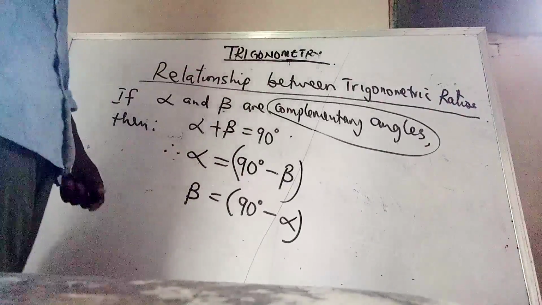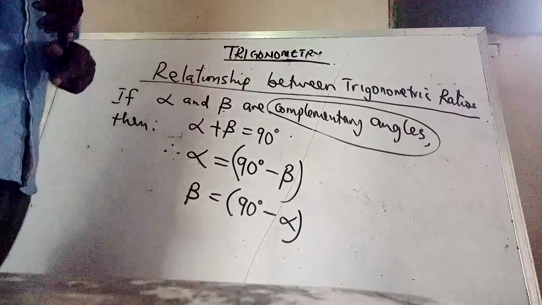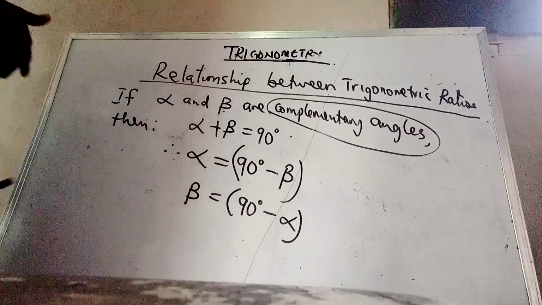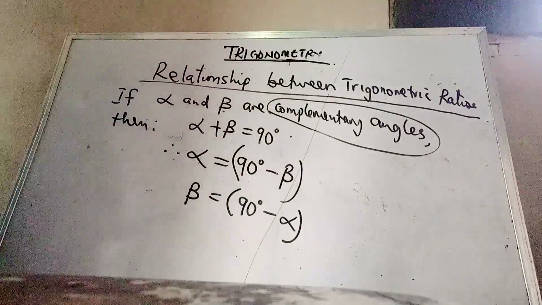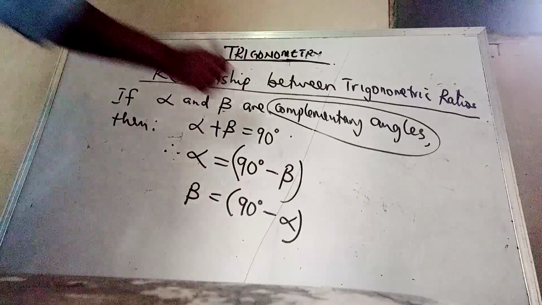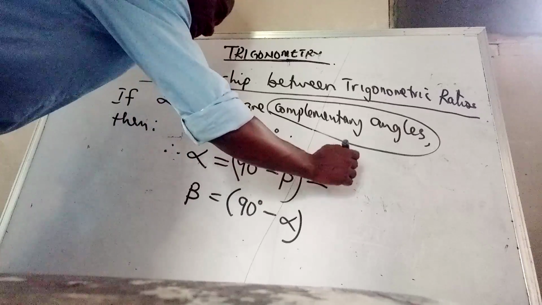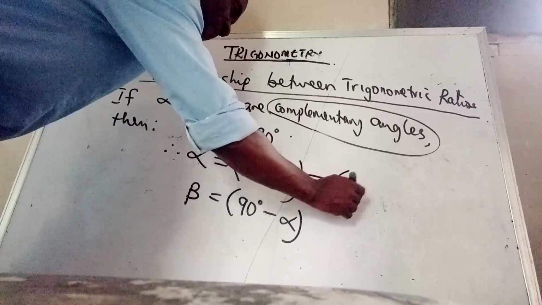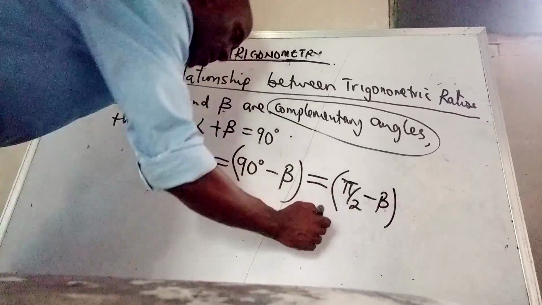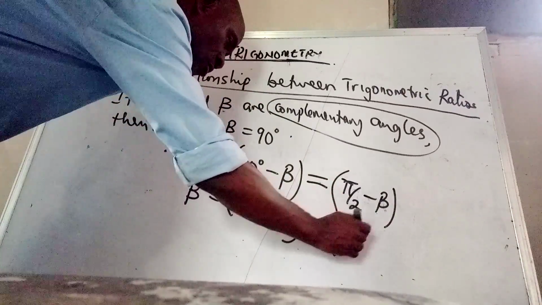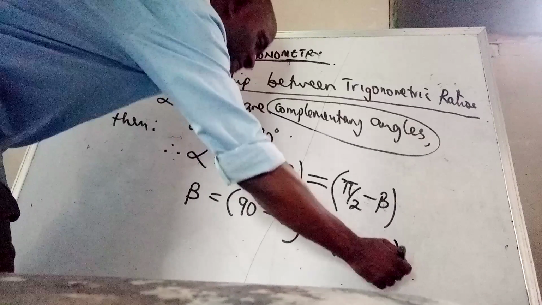If you check my previous video, episode 1, I mentioned that 90 degrees is equivalent to pi over 2 radian. Therefore, this can also be written as pi over 2 minus beta, and pi over 2 minus alpha.